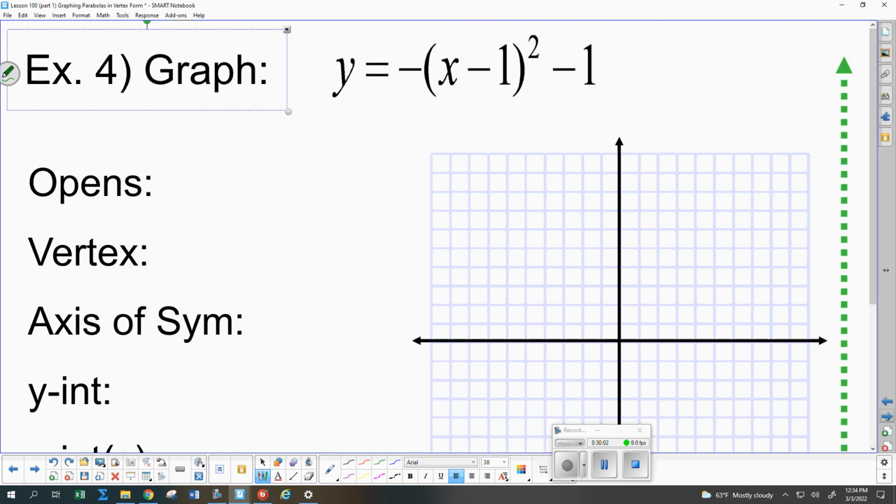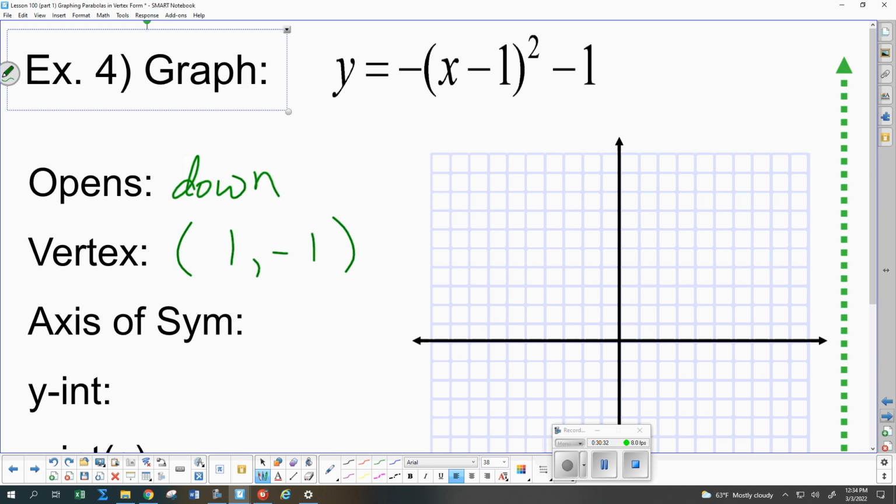For example 4, let's do the same kind of thing. Is it going to open up or down? And write down what you think the vertex will be. Caleb, what do you think the vertex will be? Opposite of what's inside, same as what's outside. So 1 and -1, how does that look to the rest of you?